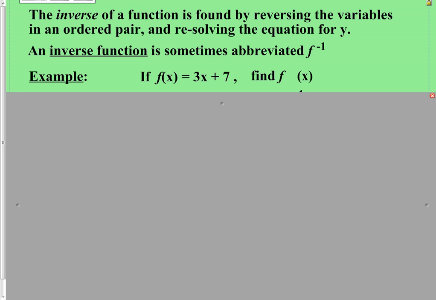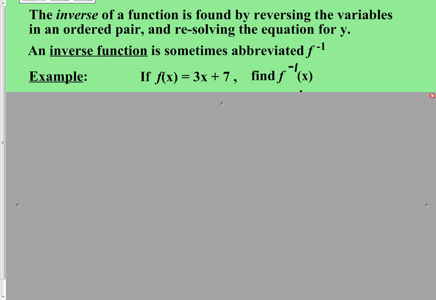Here is a function. If f of x equals 3x plus 7, then find the inverse of f of x. Well, this is a simple linear equation.